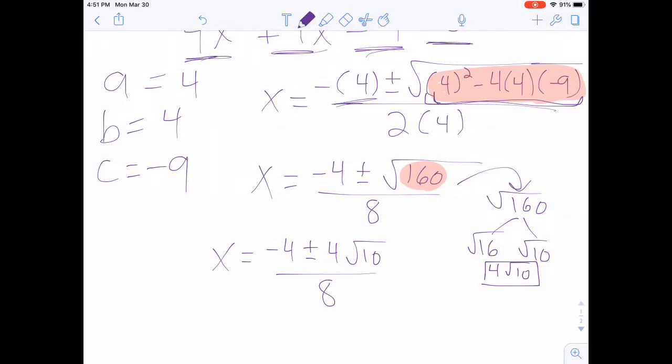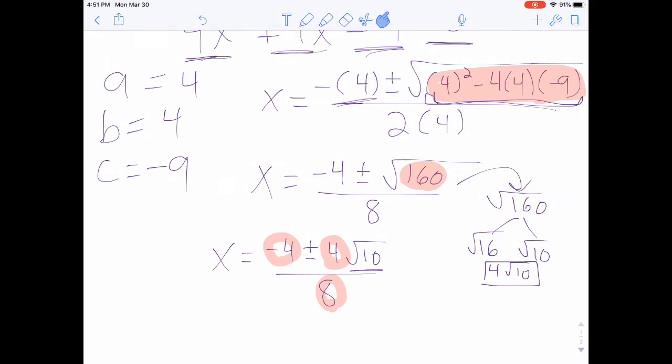In the previous example, I split it up based on the plus and minus, but I can't do that here because I have this square root of 10. It's like a variable here; it's not like terms. But I can see if the coefficient of the square root and the denominator have something in common, which they all do.